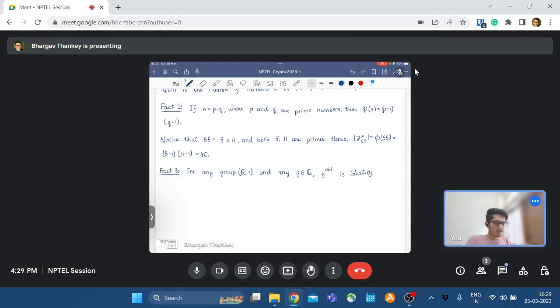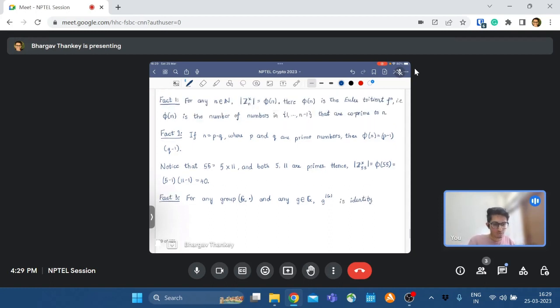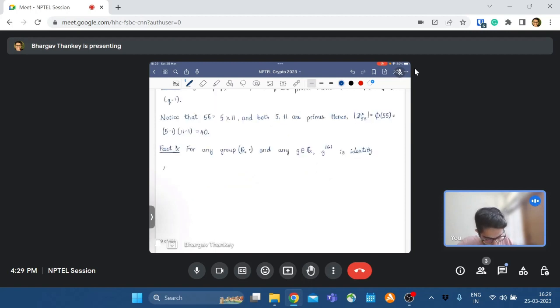So in this case, since we are working with a group of order 40, what we get is the following. 46 to the 51 mod 55 is 46 to the 40 plus 11 mod 55, which is equal to 46 to the 40 times 46 to the 11 mod 55.